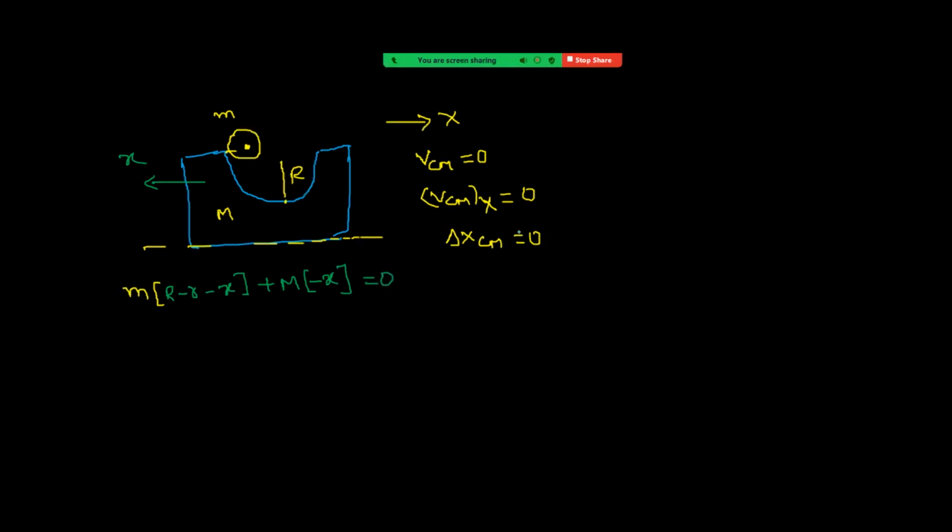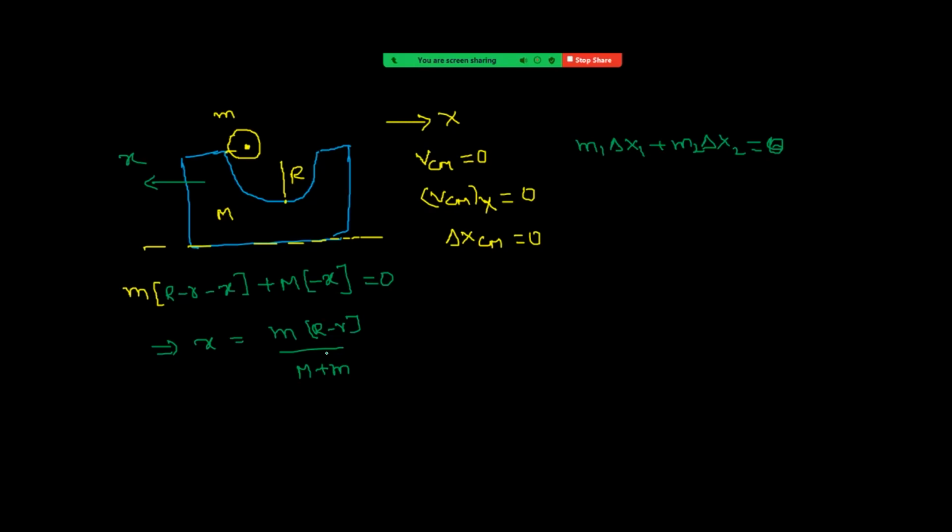So here I am writing m1 delta x1 plus m2 delta x2 equal to 0, because delta x of the center of mass is 0. From this, x equals m into (R minus r) upon (M plus m). This is the displacement of the block.